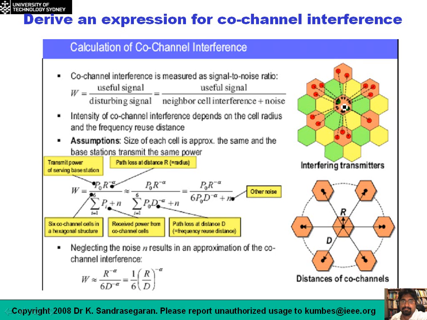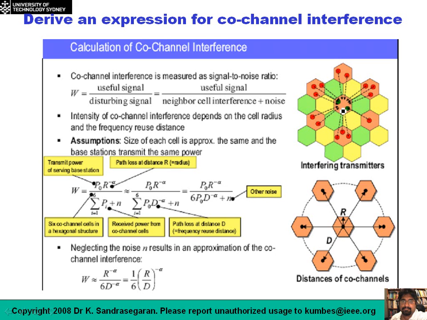Assuming here we have omnidirectional sites at the center of the hexagon, as we move away from the center towards the edge of the hexagon, the carrier power is going to decrease and decrease, and the interference will keep increasing because you're getting closer and closer to sources of interference, which are these cells here.